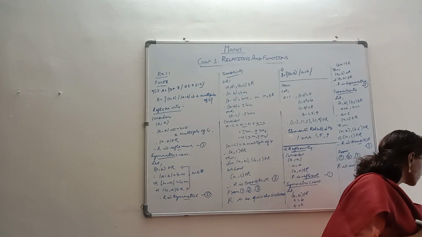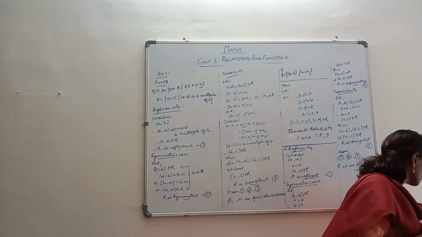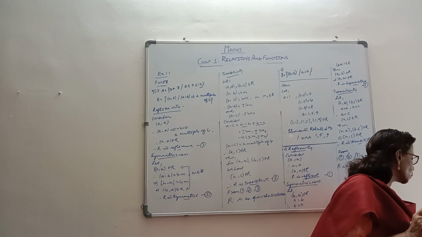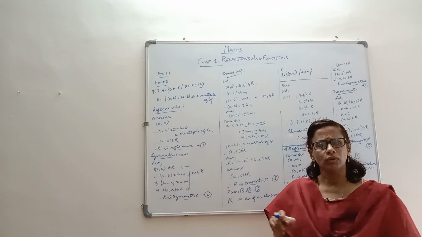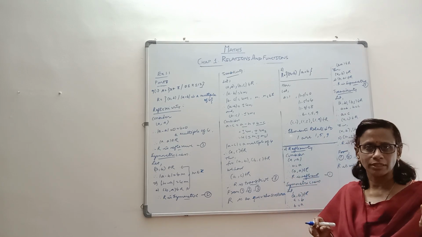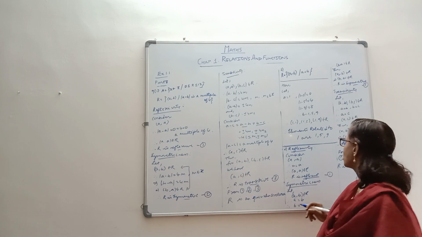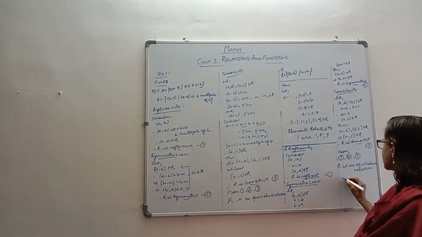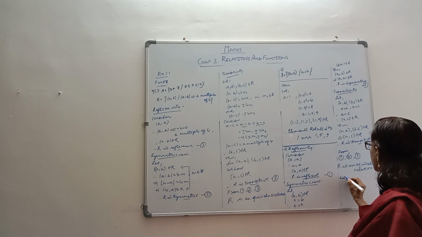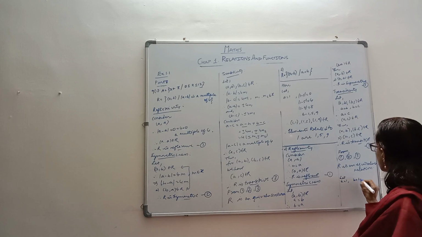Now the same question is asked, what all elements are related to 1? Say if you have a set 1, 2, 3, 4, 5, 6, 1 cannot be equal to anything else, isn't it? So see, let A be 1, then B also has to be 1.